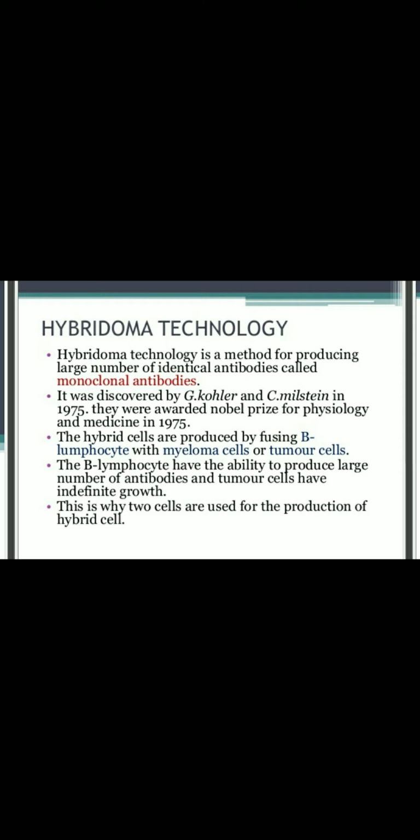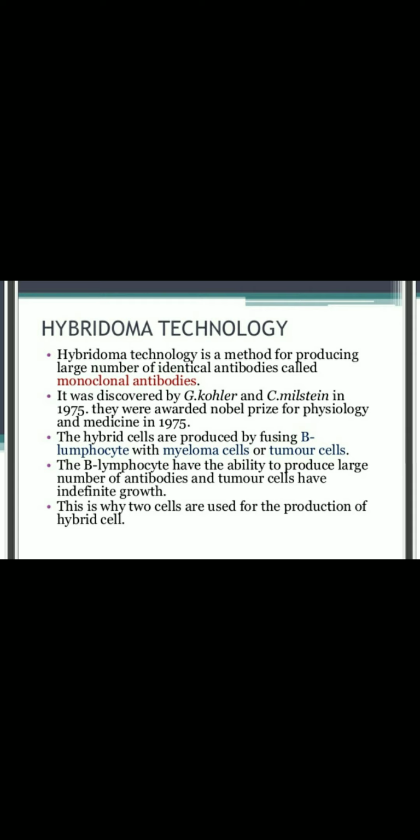The hybrid cells are produced by fusing a B lymphocyte with a myeloma cell, or tumor cell. So in the production of a hybrid cell, we are fusing two cells: one is the B lymphocyte and the other is the myeloma cell. The B lymphocyte has the ability to produce antibodies, and the tumor cell has indefinite growth.